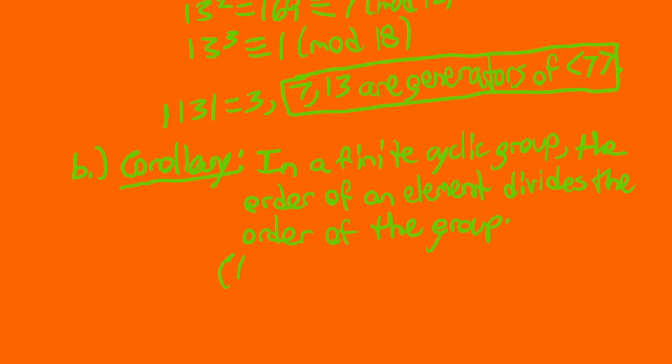And this was from our proof that the cyclic group AK is equal to the cyclic group of A to the greatest common divisor of N and K, and the order of AK equals N over the greatest common divisor of N and K. This was the first corollary from that theorem.